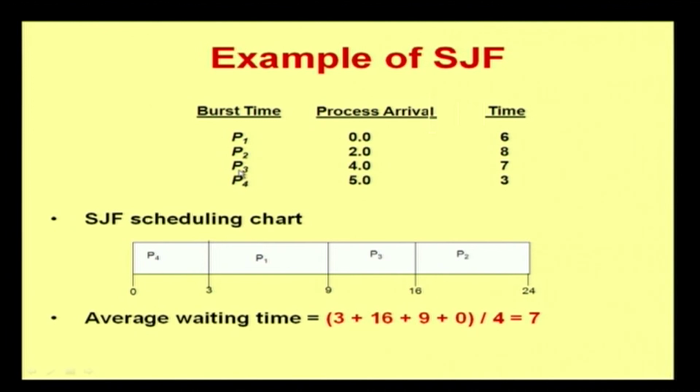Which process is that? P3. So after P1, P3 comes into the picture. It takes 7 milliseconds, so 9 plus 7 becomes 16. After P3, we are left with one other process which takes 8 milliseconds, that is process P2. So 16 plus 8 becomes 24.